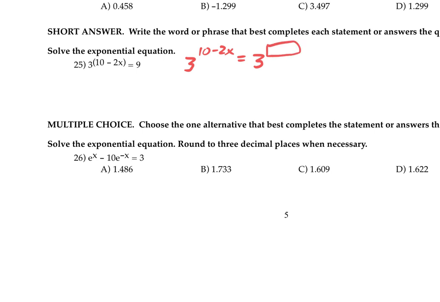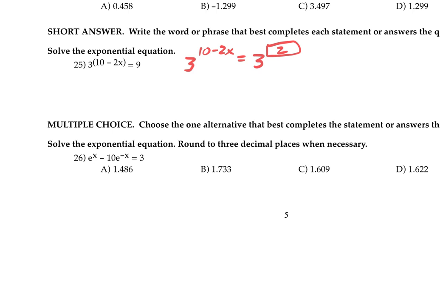rewrite both sides as base 3. Sometimes I may not be able to do this. But in this case, if 9 is a power of 3, then I can rewrite 9 as 3 to some power. So if I take 3 squared, I get 9. So I'm rewriting 9 as 3 squared.